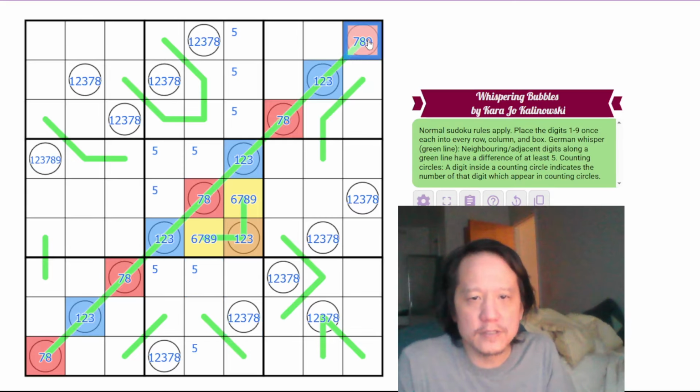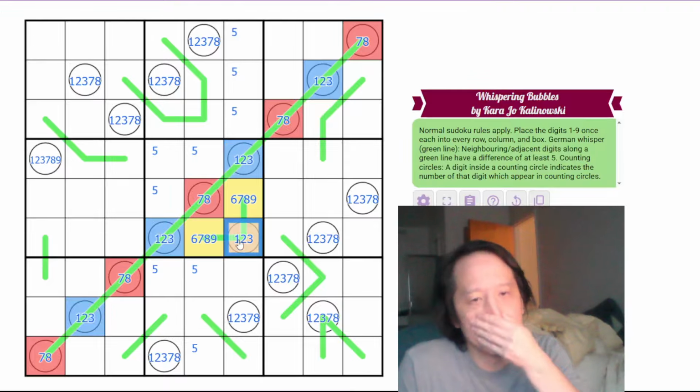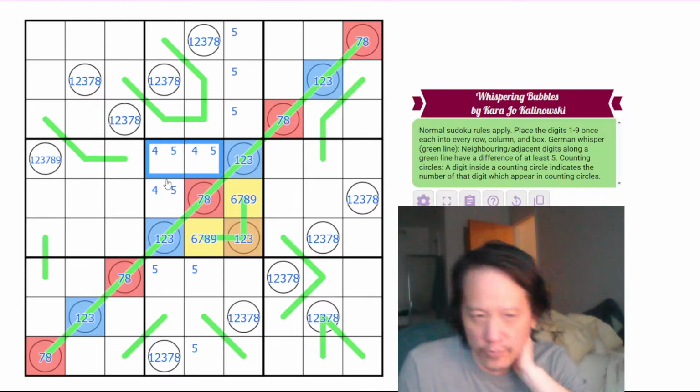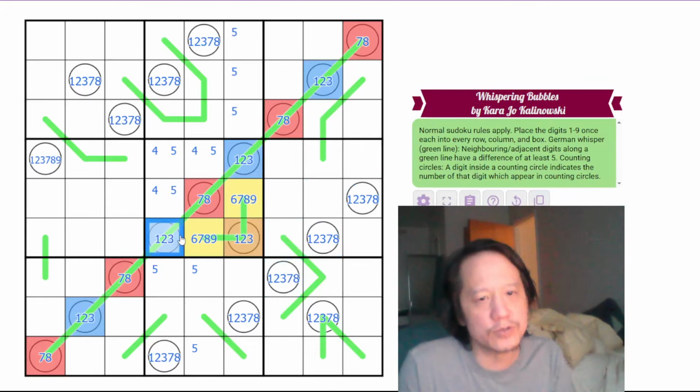So again, these have to be a 7, 8 pair. We have 5 digits already from 1, 2, and 3. That would mean 4 has to be one of these. And then this is either 6, 7, 8, or 9 here. We're not sure which. We have 1 extra 1, 2, or 3. This is 1, 2, or 3.